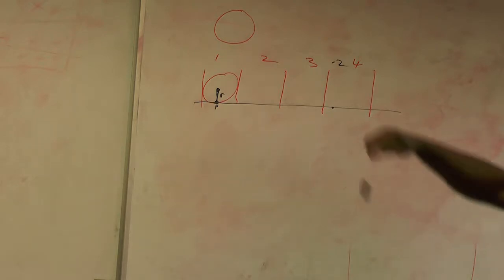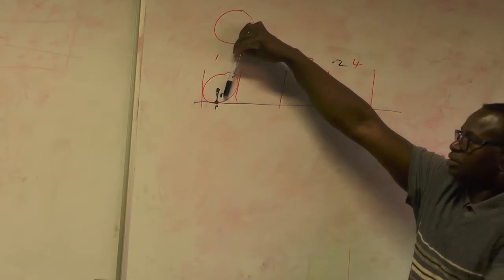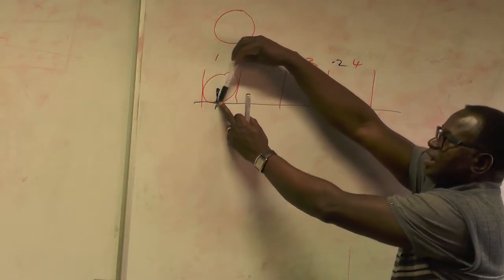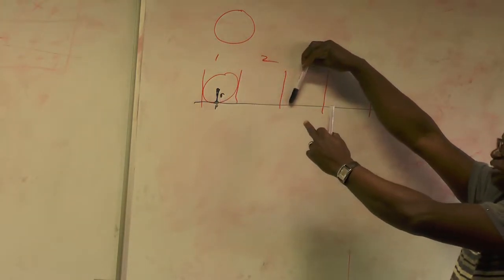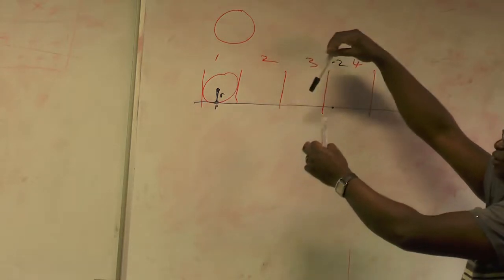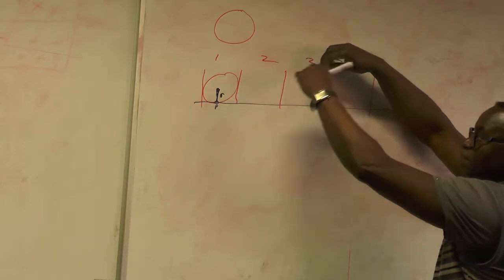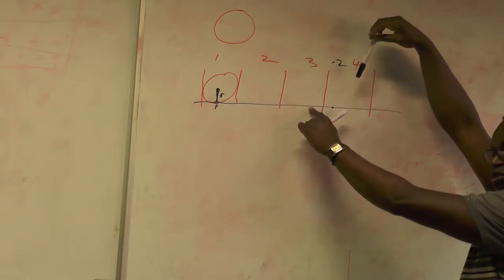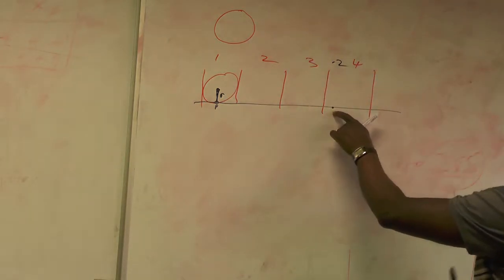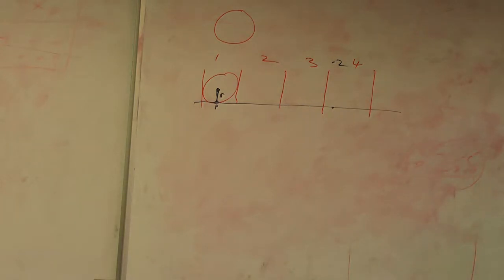Are you with me? Assuming this is my ball. I mark that point and I roll it the first time, you get in there, roll it the second time, you get in there, but that point will not come back to this horizontal level until it reaches approximately 3.2. That's where your pi came from.